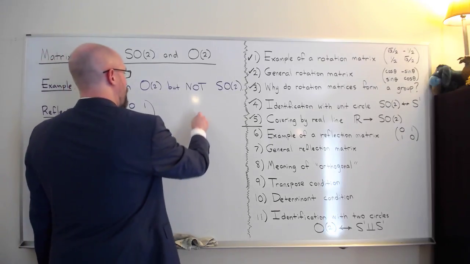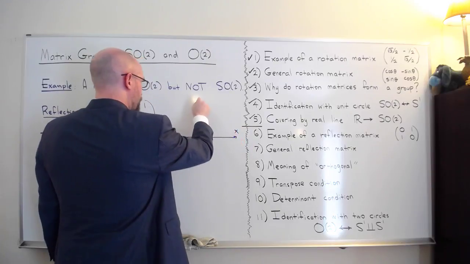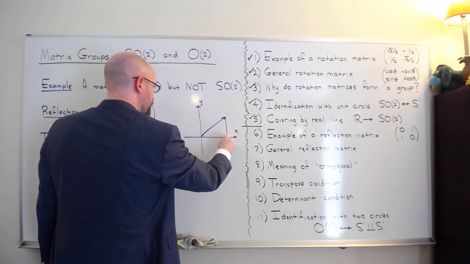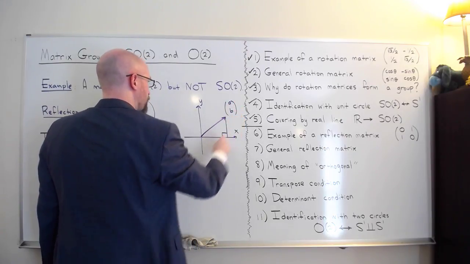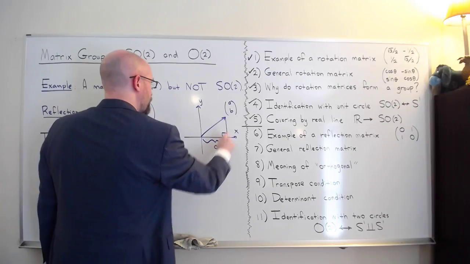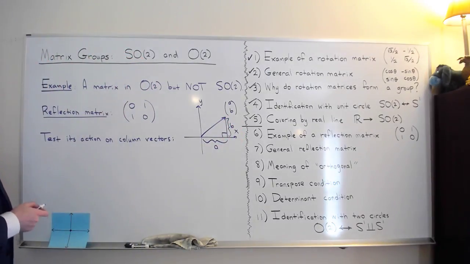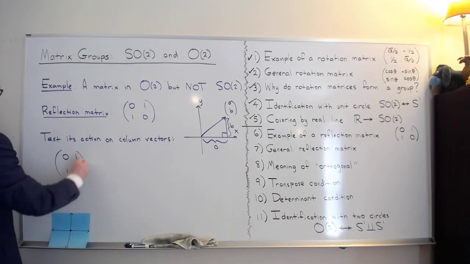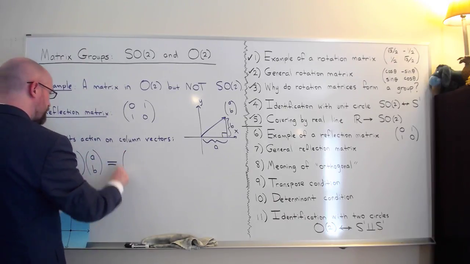So I'm going to draw here the XY plane. I'm going to draw a column vector here. And this is the vector (A, B). And so that distance there is A, and that distance there is B. And we're going to see what it does. So we're going to take 0, 1, 1, 0, apply this to (A, B), and watch what happens.